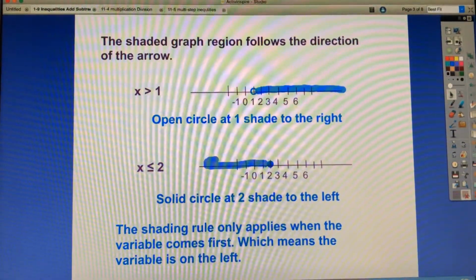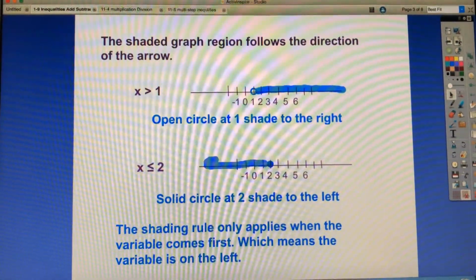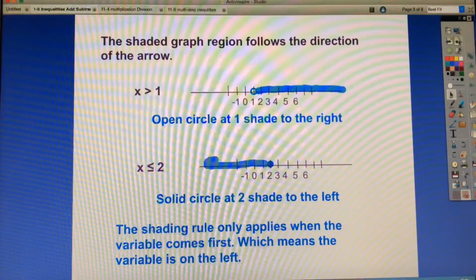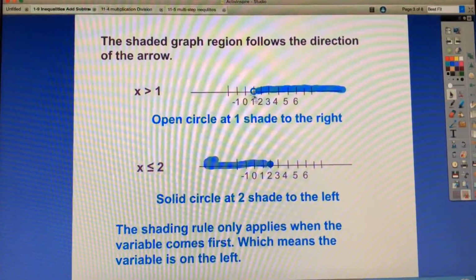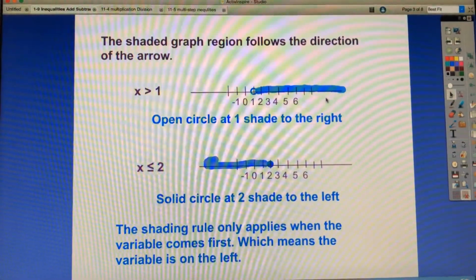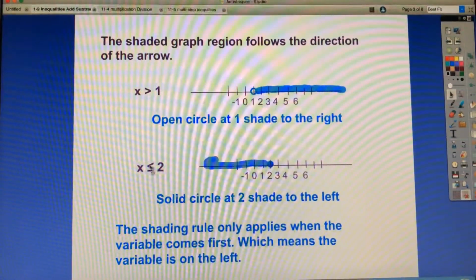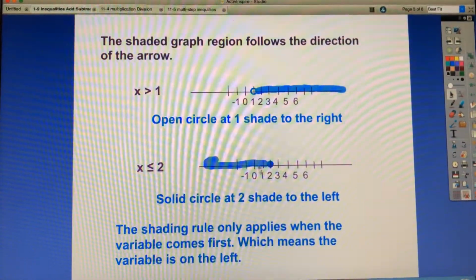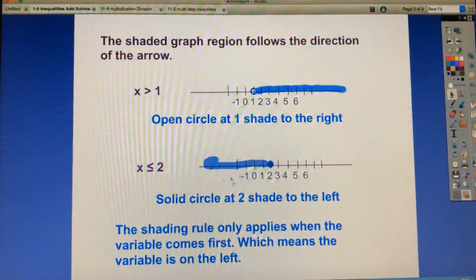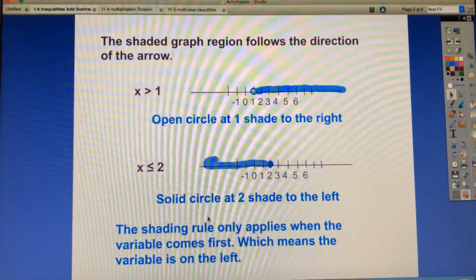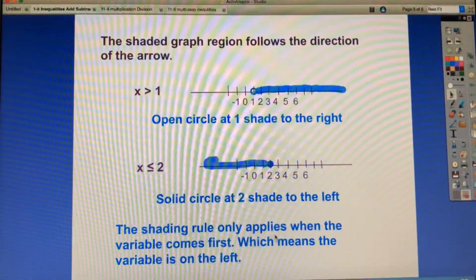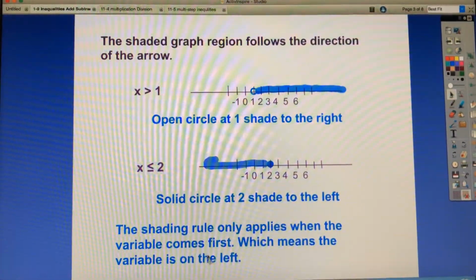Here I have examples. The shaded graph region follows the direction of the arrow. X is greater than 1. Open circle at 1, shade to the right. X is less than or equal to 2. Solid circle at 2, shade to the left. The shading rule only applies when the variable comes first.